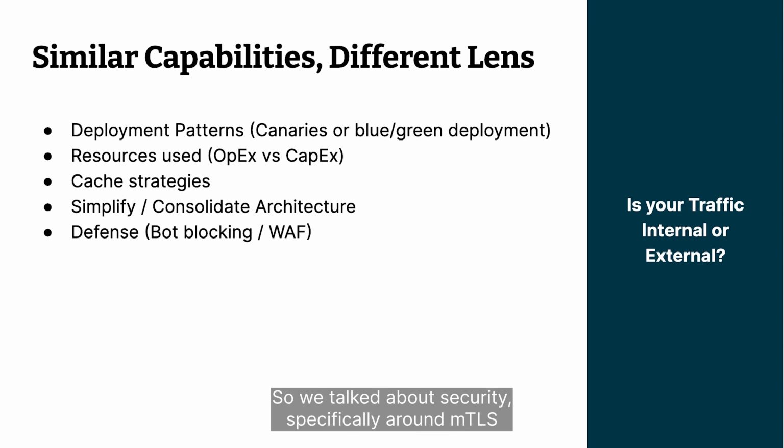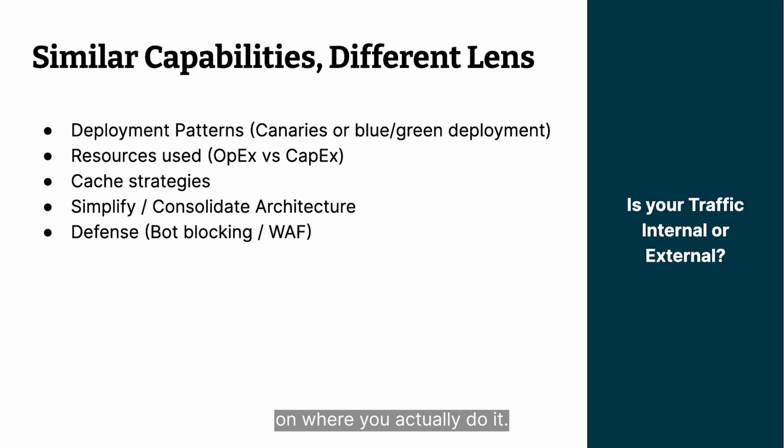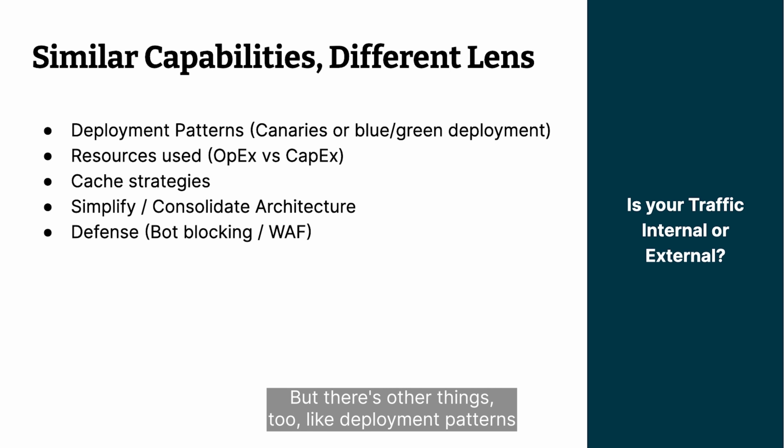All right, so we talked about security, specifically around TLS and how mTLS in a service mesh is in particular pretty powerful. We talked about observability, how that's different. They're both implemented with an API gateway or service mesh, but they're slightly different depending on where you actually do it. But there are other things too, like deployment patterns.